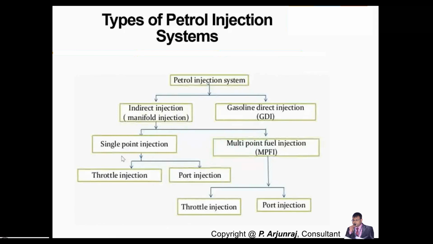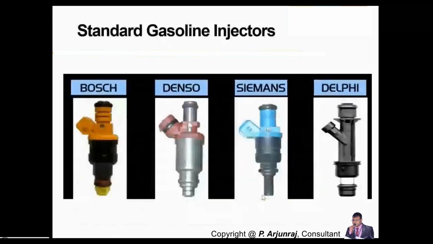Either a single point fuel injection or a multi-point fuel injection will have a throttle body injection or a port injection. So these are the overall types that we have for petrol engines, basically the injection systems.